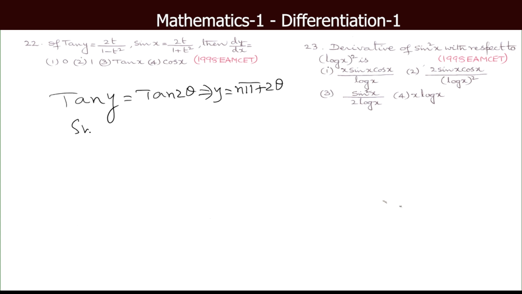Sin x equal to 2 tan theta by 1 plus tan square theta, when t equal to tan theta, sin 2 theta. Well, let us take t positive, then sin x is positive, and therefore this means x equal to 2n pi plus 2 theta. T positive, tan theta positive, theta lies between 0 and pi by 2.